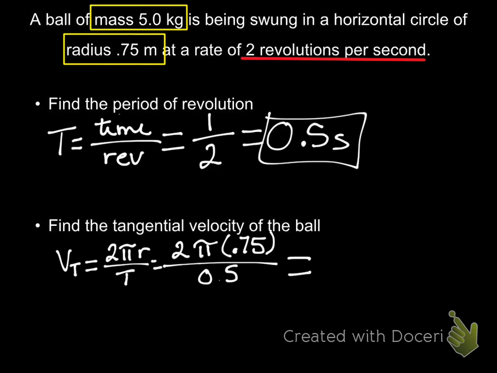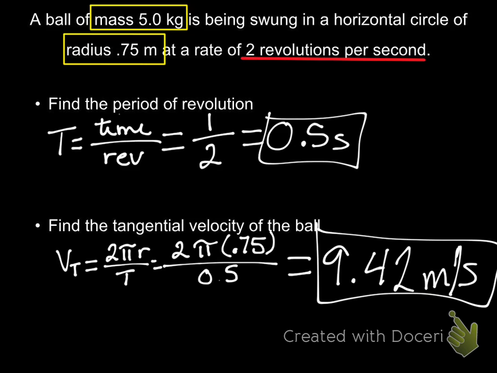You will probably get the same answer, but one, it's less clicks in your calculator, and two, it is a more precise answer, so you're more accurate, and it's always better to be more accurate when possible. So our velocity turns out to be 9.42 meters per second.